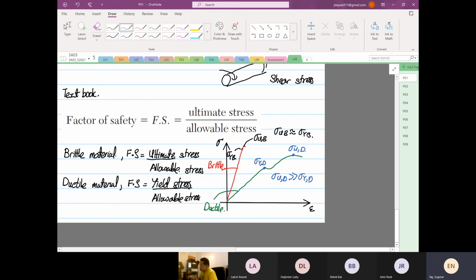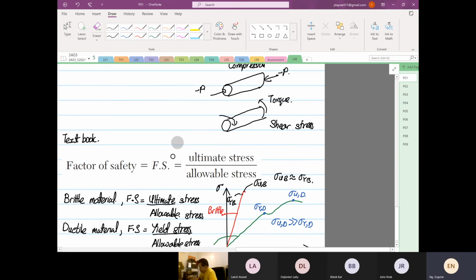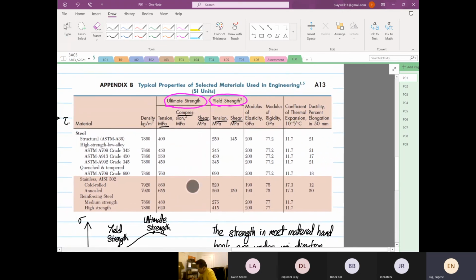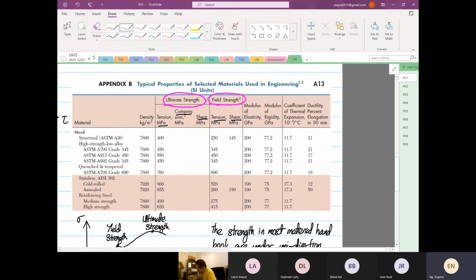You can see down here the yield is 250. In tension, let's focus on tension, the ultimate is 400. Sometimes it's not so much, sometimes it's much more.